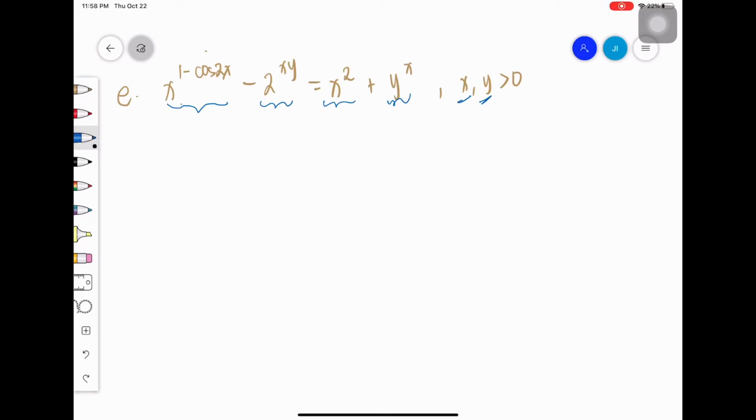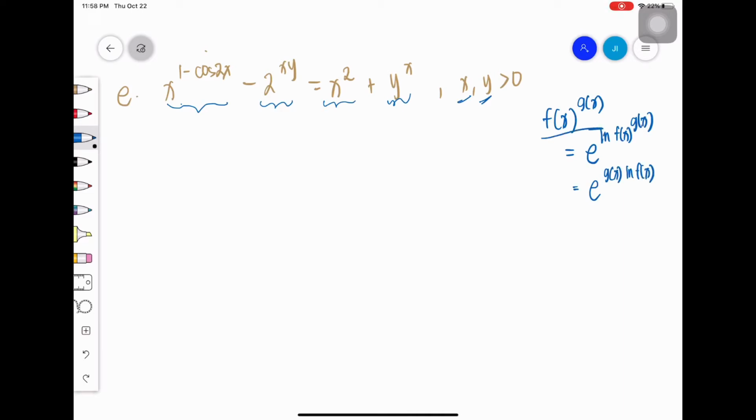Okay, so let's transform first the first term and the last term as stated in the rule, wherein f of x raised to g of x can be transformed as e raised to ln of f of x raised to g of x, tama? Or simply e raised to g of x ln of f of x.